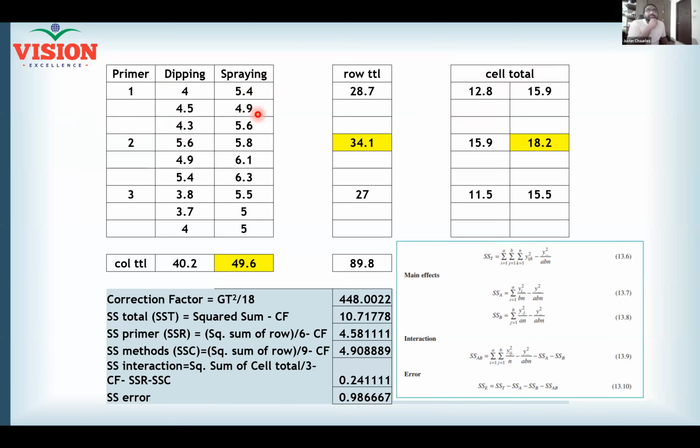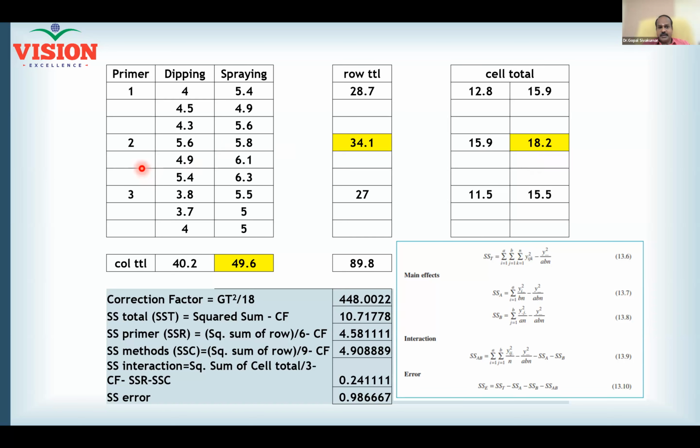Primer 1 spraying combination. Likewise, 6 combinations are possible. Right? If there is any difference in these 6 numbers, that can help you to understand interaction.